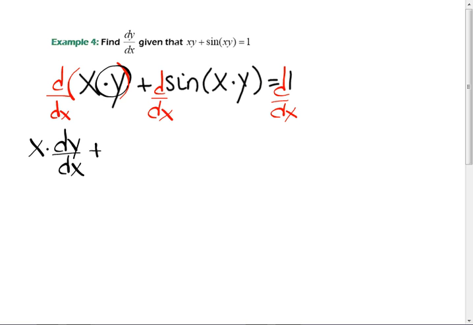Plus, then it's y times the derivative of x, because it's the derivative of this with respect to x. If this were a z, it would be times dz dx. What is that going to give me? 1. This is not going to go away.